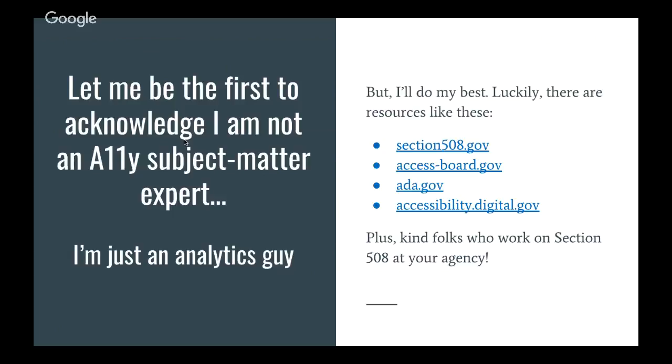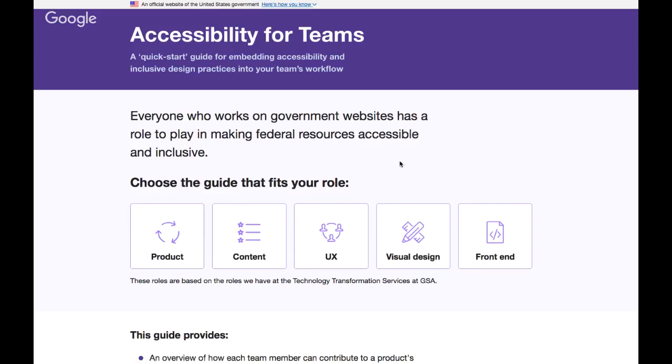One thing I did want to note is that there are a bunch of experts in this field, and you can find great information on section508.gov, accessboard.gov, ada.gov, and also there's a new site, and I'll take this moment to give a little bit of a shameless plug to the team at GSA. The Accessibility Guild has provided an incredible resource at accessibility.digital.gov, which is a fantastic set of guidelines for you to make sure that you are ensuring your federal resources are accessible and inclusive.